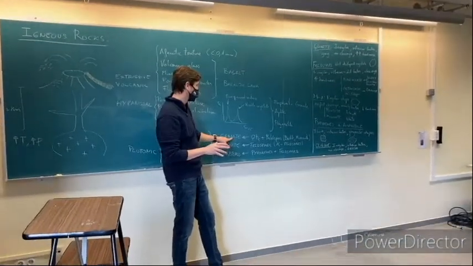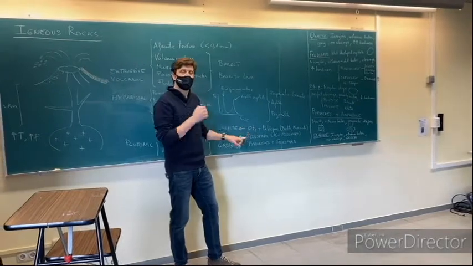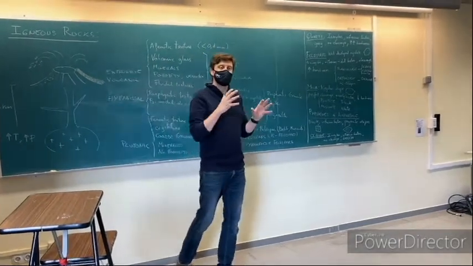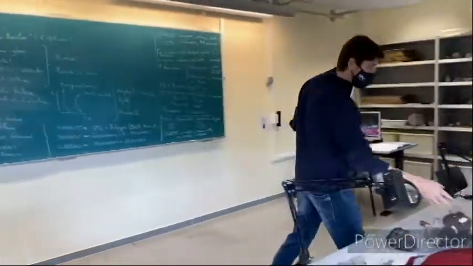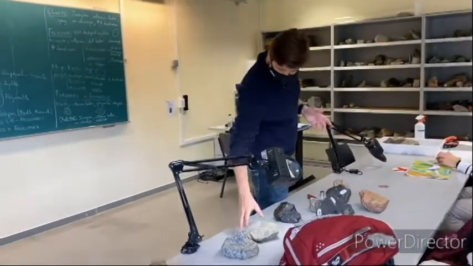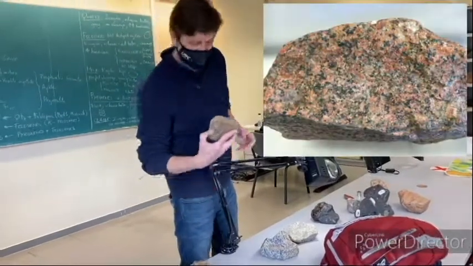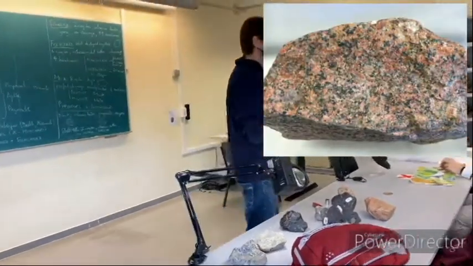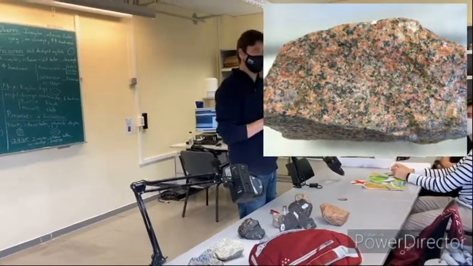Another different rock is syenite. Syenite is very similar to granite, but we don't have quartz. So if you see a rock that is mainly composed of feldspars, like this one, but you don't see quartz, this is a syenite, right?